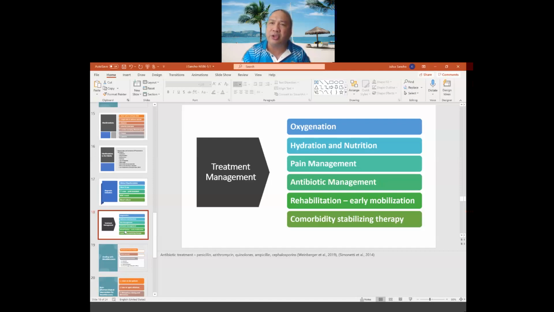What happens to the blood sugar? The blood sugar goes up. So the doctor would probably increase the insulin to accommodate the increase in the blood sugar. So it's very important that you also stabilize the comorbidities of the resident.